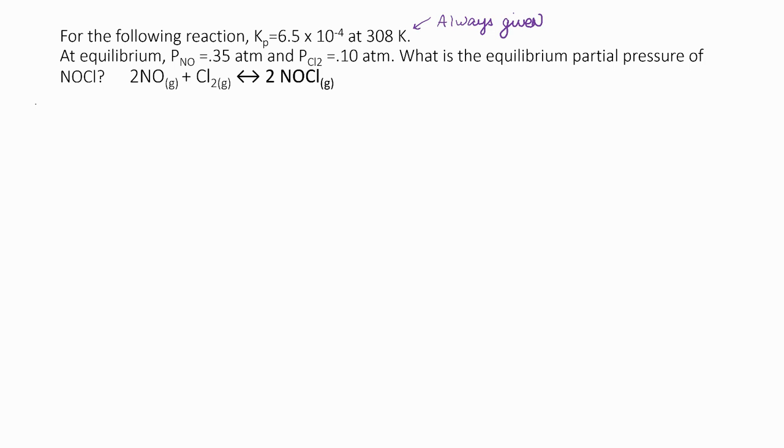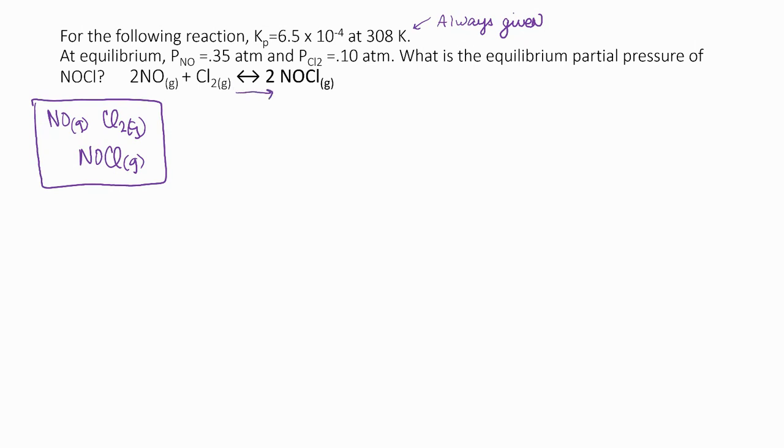So what we want to picture is that within our container, we began this reaction with NO and Cl2, and they collided and reacted to make product. So you had a forward reaction, and then you also had a reverse reaction kick in.